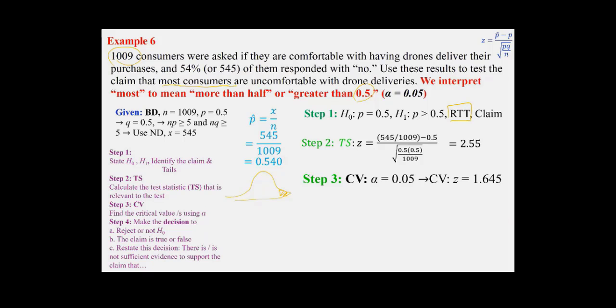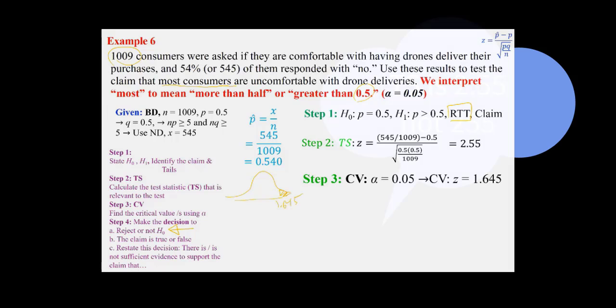The next step is to make a decision. Now, when you want to make a decision, your data gives you the very first one, A: reject or not reject H0. I want everybody to pay attention to this. This is the one we are going to answer, and then we're going to elaborate. How do we answer that? If you compare this, so this is 1.645. What is my test statistic? 2.55, okay?